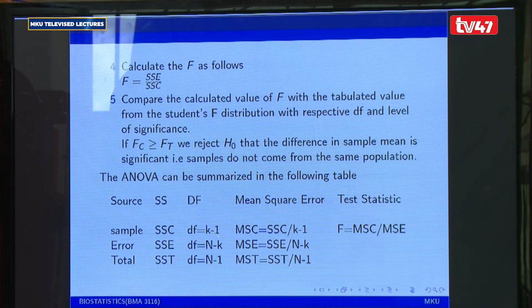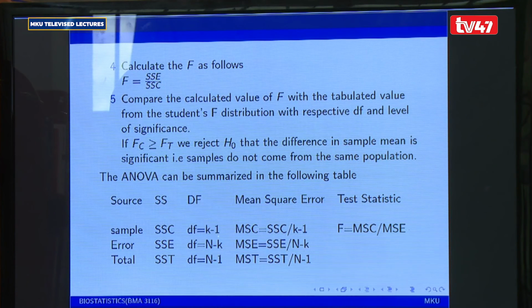Now, that information can be summarized in what we call an ANOVA table as follows. You have the source: from the samples, which we labeled SSC; then from error, we labeled SSE; then total, we label it SST. Then degrees of freedom: if it's from the samples, you take the number of samples minus 1. Then for error, you take the total number of observations and subtract the number of samples.